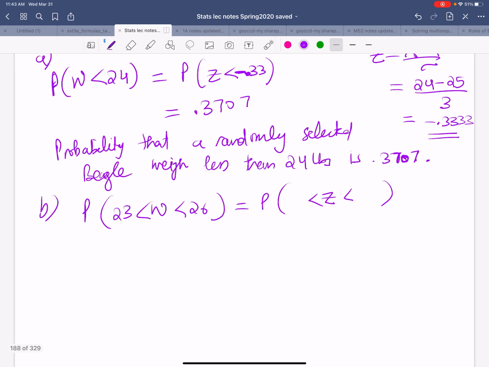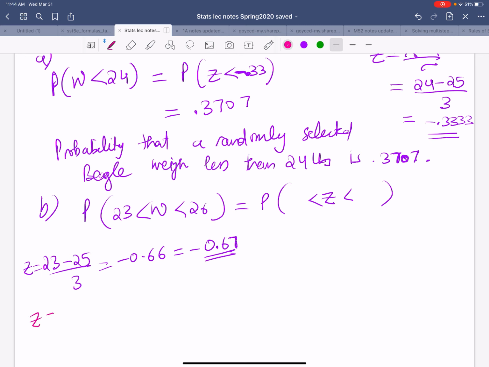Let's go ahead and find the z-score for 23. 23 minus 25 divided by 3 is negative 0.6666. It's repeating, so this is going to be negative 0.67, rounded to 2 decimal places.